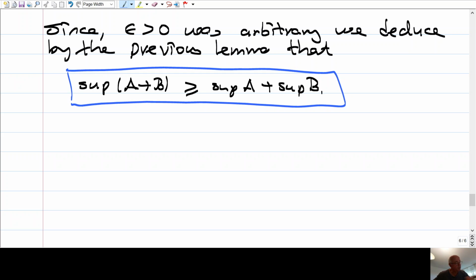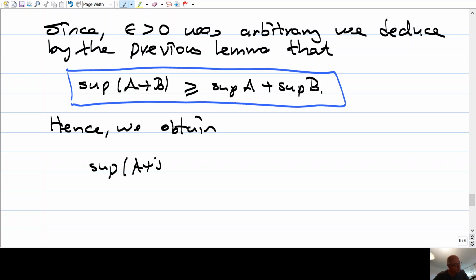If you combine these two, hence we obtain supremum of A plus B is equal to supremum of A plus supremum of B. Okay, and this finishes the proof.